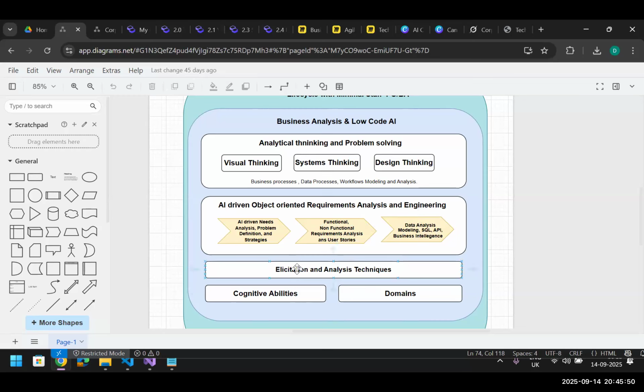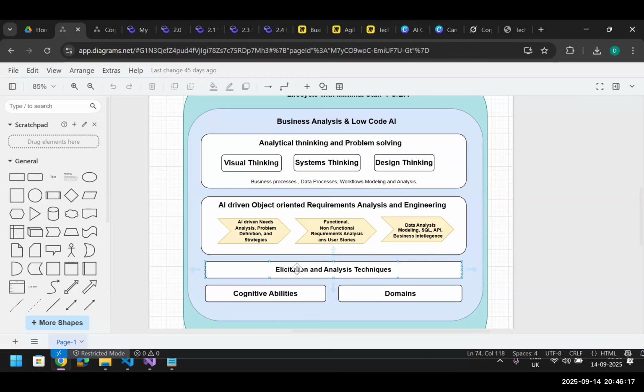That is why elicitation techniques, as per the BABOK, which you may have heard of, is a standard guide for business analysis from the body called IIBA, the International Institute of Business Analysis. That is the body where I got certified, and it guides us to do business analysis in a structured, systematic way.